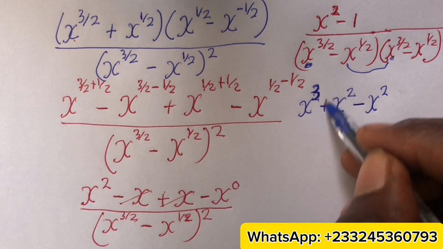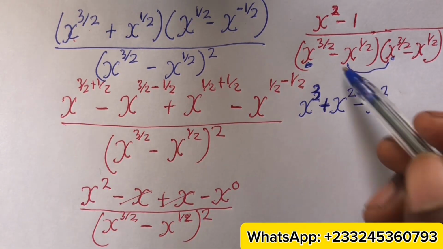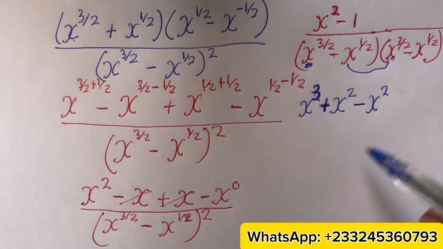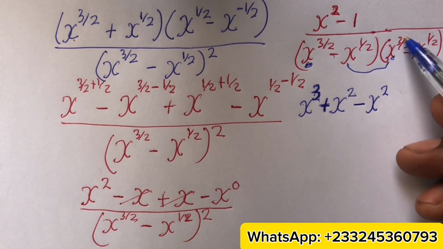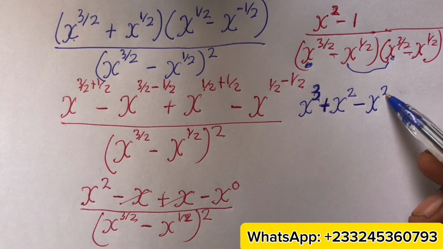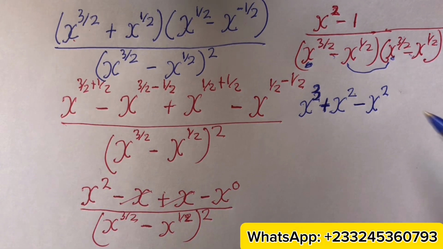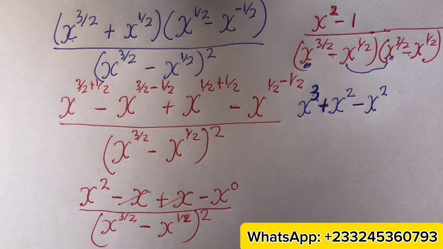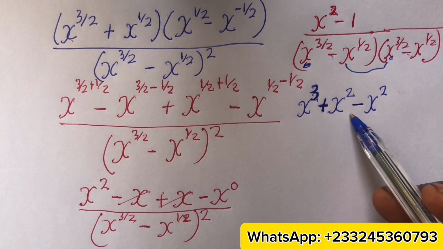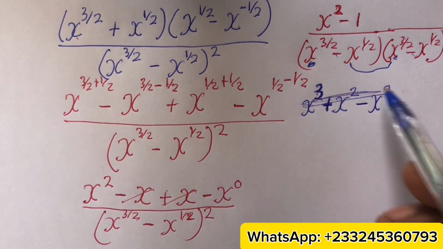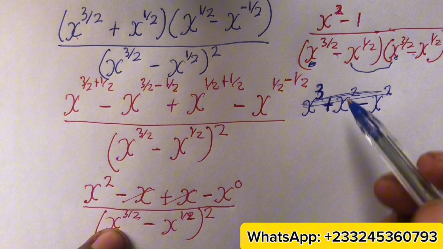Wow, this will be positive, or negative times negative is positive. Here, 1 plus 3 is 4 divided by 2 is 2. No, I think there's a mistake here, right? Let me cancel it and let's do it again.